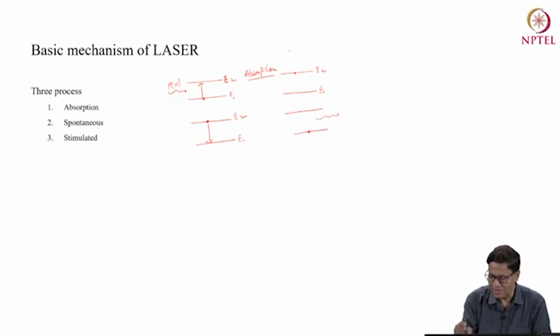So this is the final state, and this was the initial state. So this process is called as a spontaneous emission. This is a natural process, happening all the time.